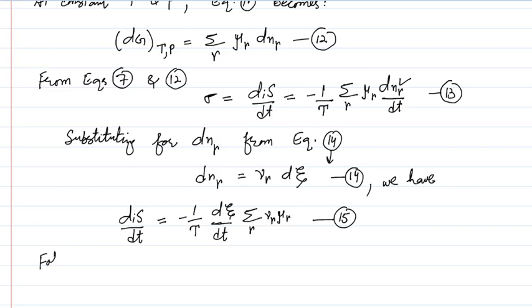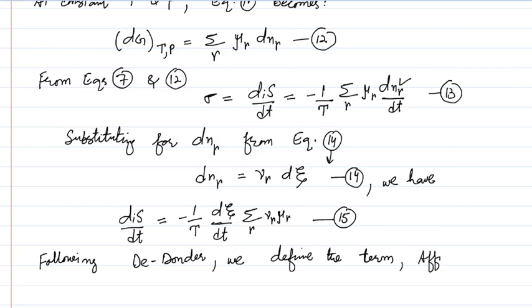So following the order, we will basically define this term called affinity. Affinity, suppose it is represented by capital A, of a chemical reaction.